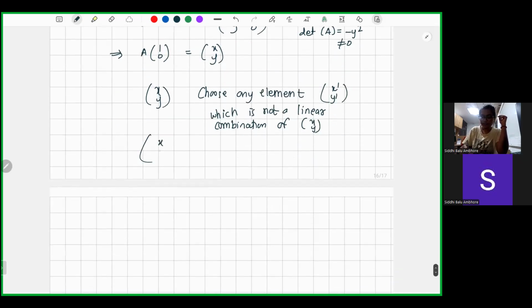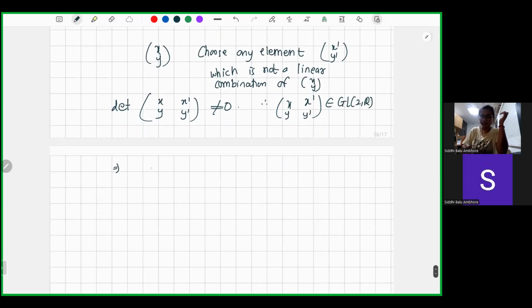Then the determinant of the matrix with columns xy and x dash y dash will never be 0. Then the determinant is non-zero, and therefore this matrix belongs to GL2R.